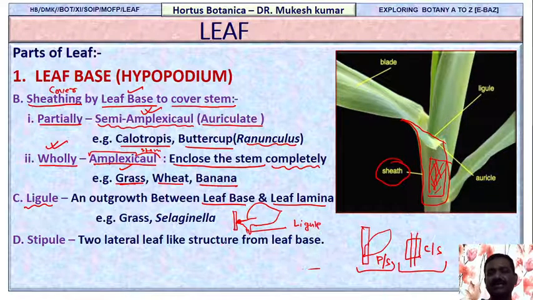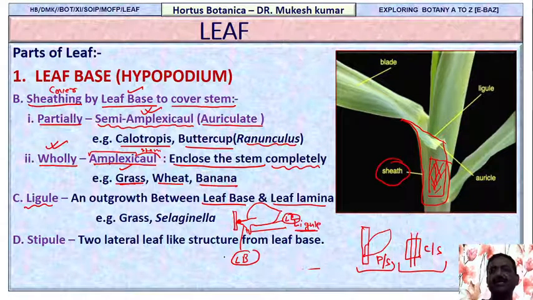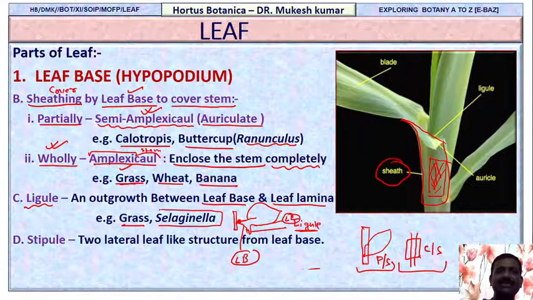Mind well. So this ligule develops from the leaf base and the leaf lamina. So the outgrowth between leaf lamina and leaf base is called ligule. And this is very common in grass and Selaginella. You all know about Selaginella, that is called ligulate pteridophyte. Very important in the plant kingdom. So it's clear, my child, this is your ligule.